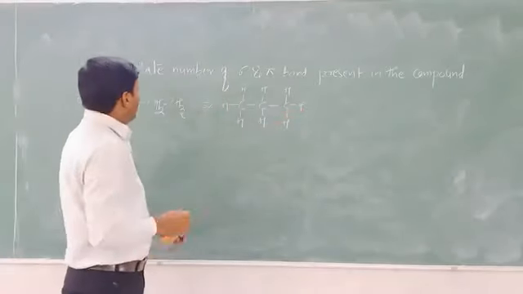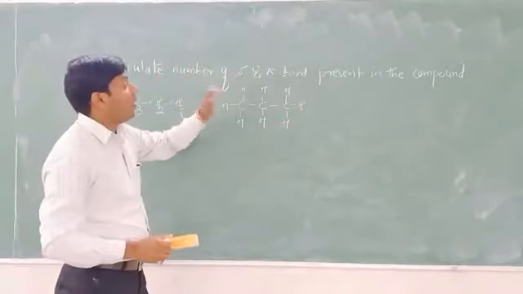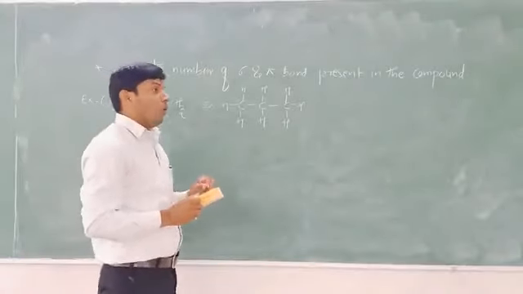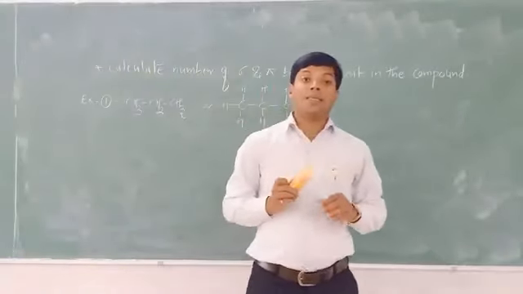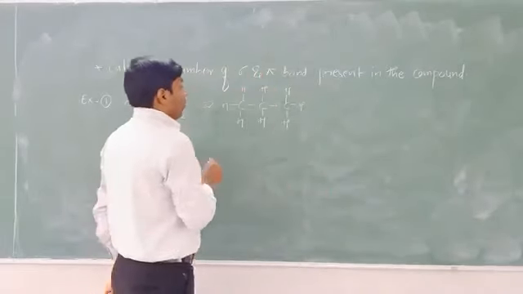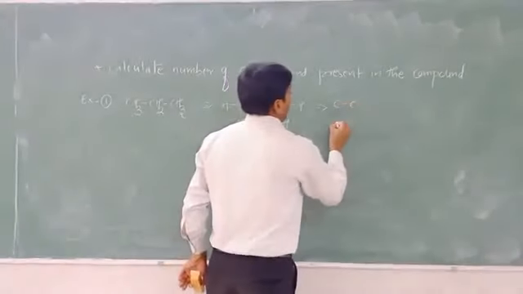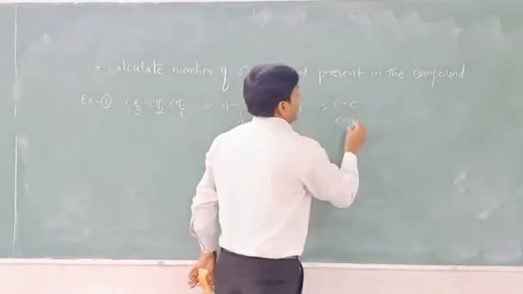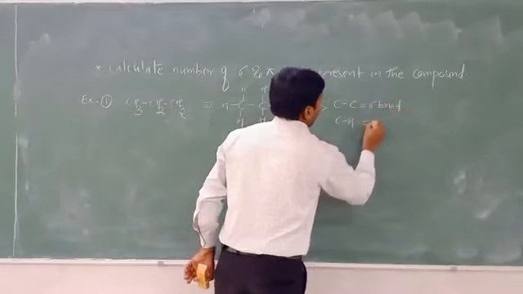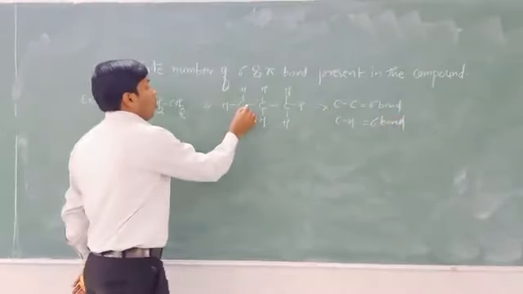What is asked in the question? Calculate the number of sigma and pi bonds present in the compound. In this compound we count the total number of sigma and pi bonds. We get carbon-carbon sigma bonds and carbon-hydrogen sigma bonds. How many carbon-carbon bonds are there? 1, 2.